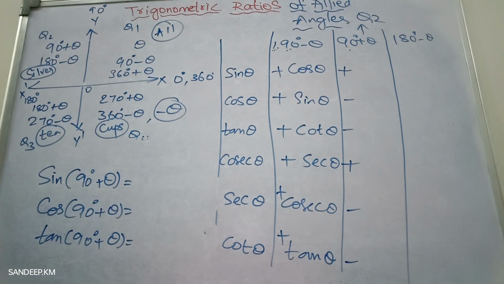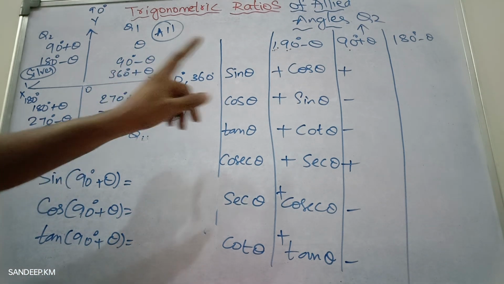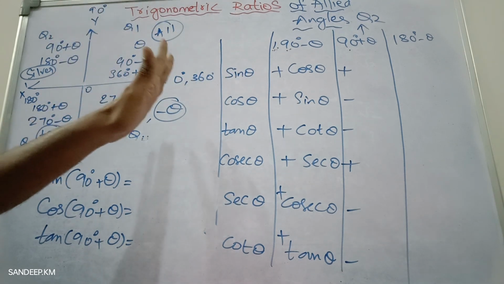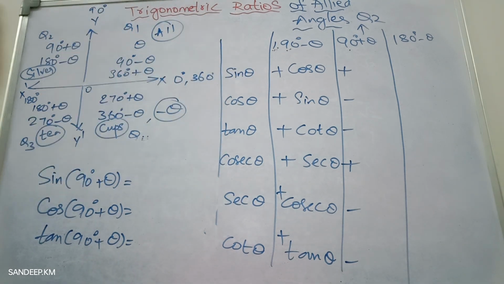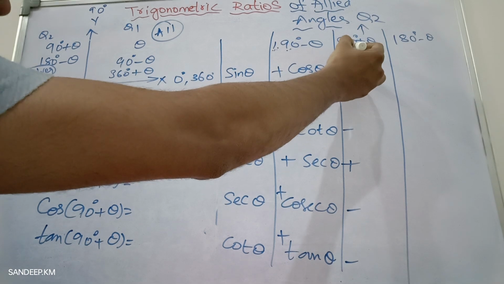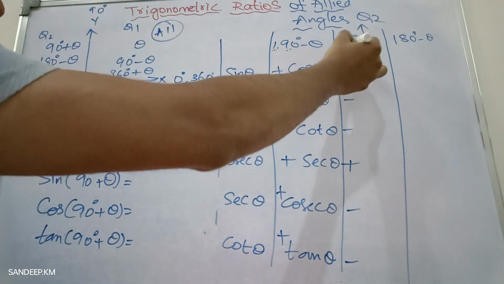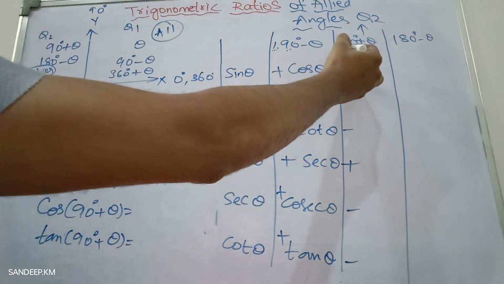Next, you have to ask yourself, will sine become cos or will it remain as it is? Do we have a change or no change? Here we have 90 degrees, which is 1 times 90, an odd multiple of 90, where n is an odd number.